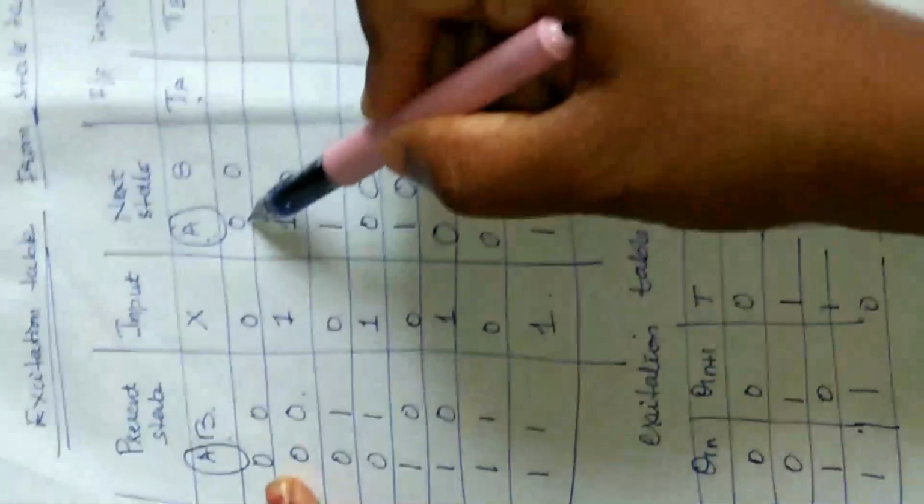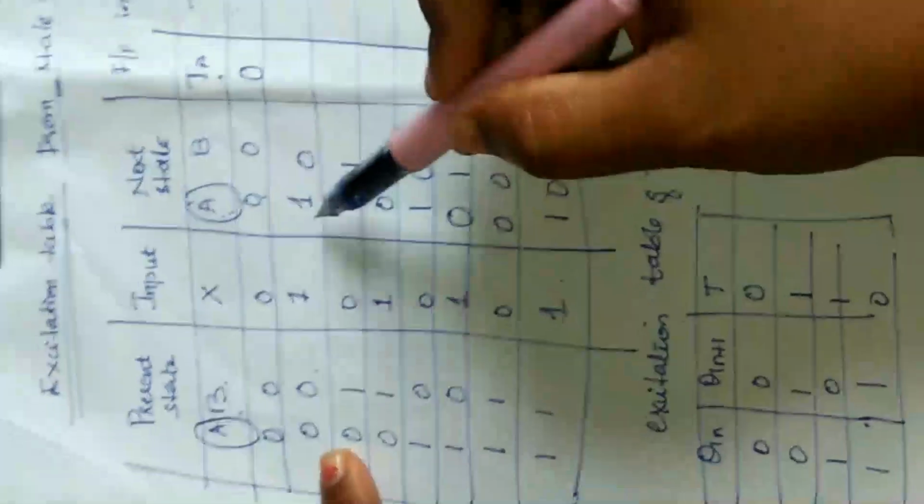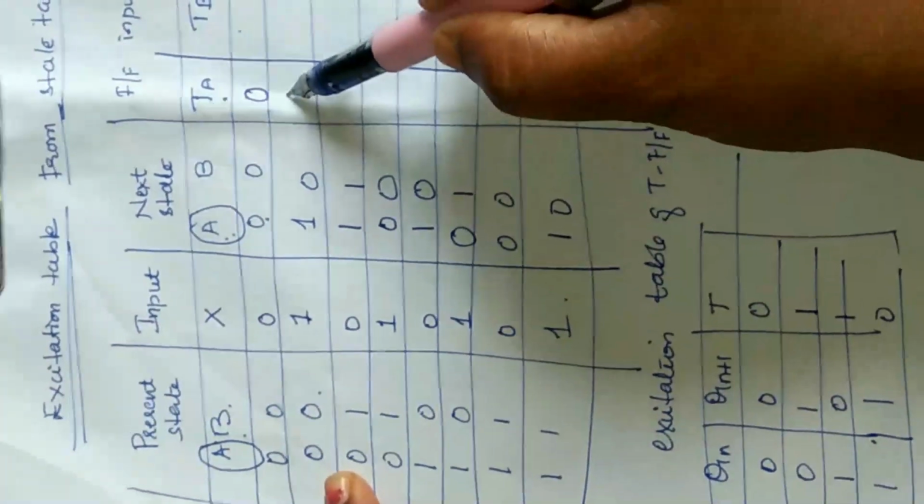So 0 0, as per the excitation table of the T flip-flop, is 0. So I have to fill it here as 0. The next condition, 0 1, it is 1.